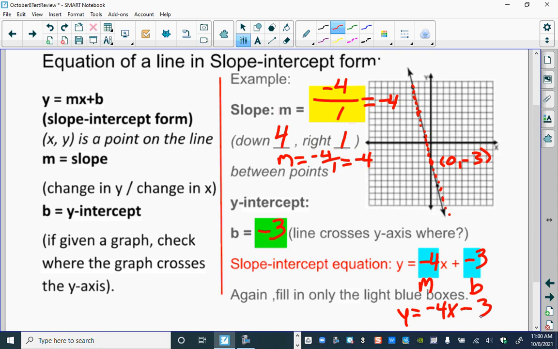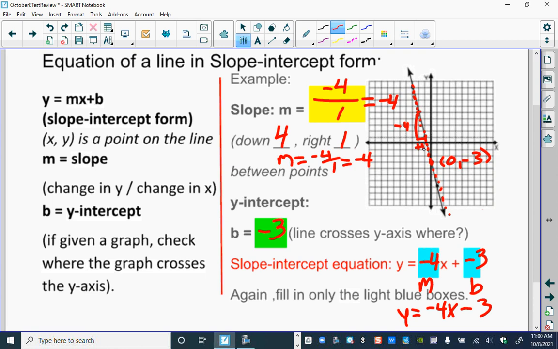Here we went down 1, 2, 3, 4, and then to the right 1. Any questions on that problem? I think the other problem that we skipped was actually easier.